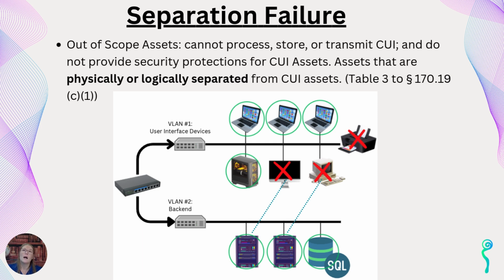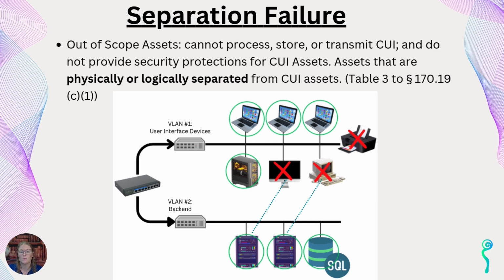And the reason why you have to logically or physically separate them is because it's like a basic network security 101 concept, that assets, information systems that reside on the same network, the same environment, the same segment, information systems or assets that are physically and/or logically connected, all pose risks to each other.